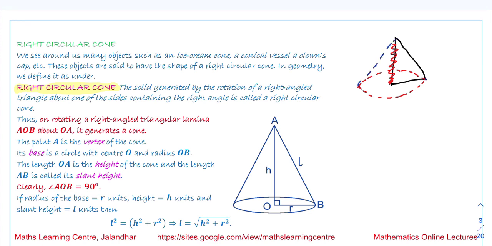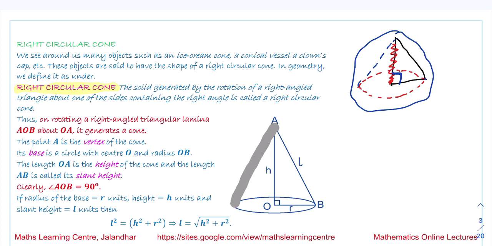We have rotated this right angled triangle, and the figure we obtain is a cone. Because this angle is a right angle, that is why it is called a right circular cone.